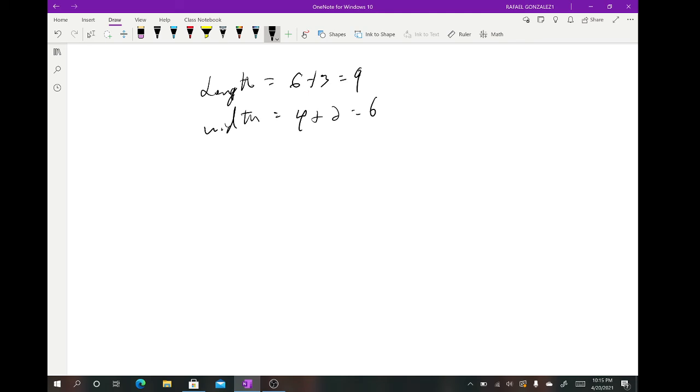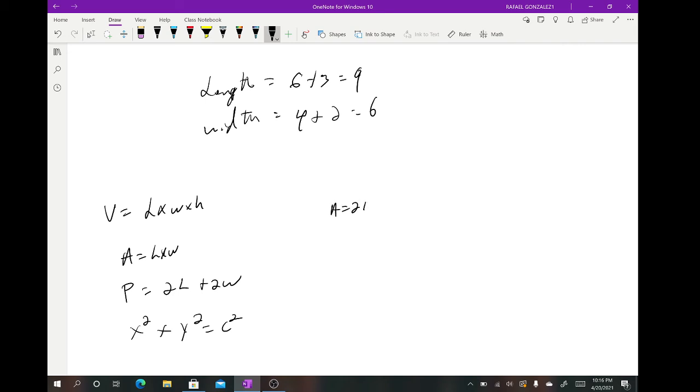Now, again, something that you should remember are the formulas. If you remember the formulas that relate area and other variables, then you should be fine. You should definitely be fine.